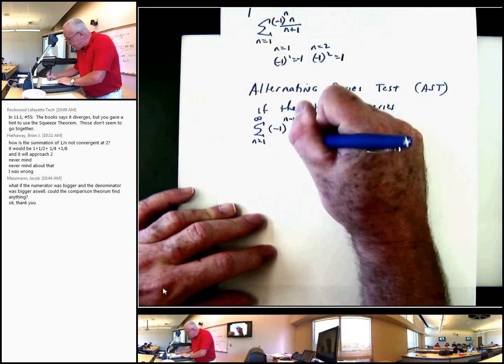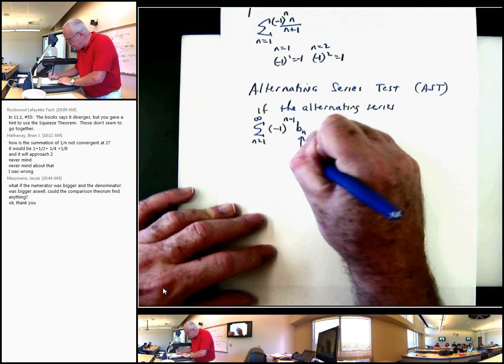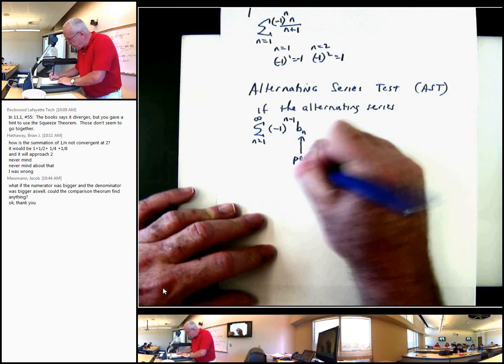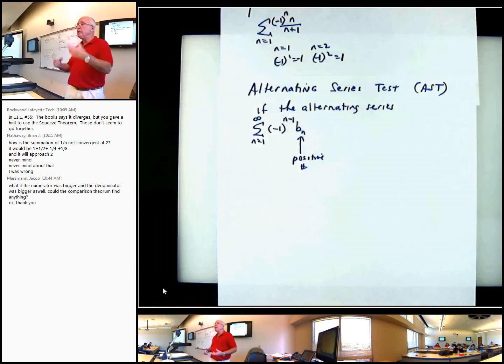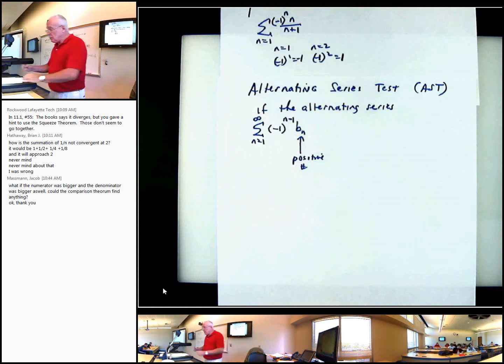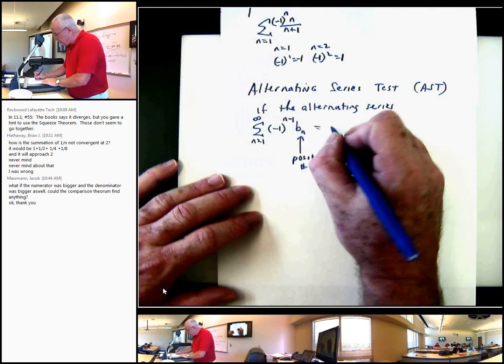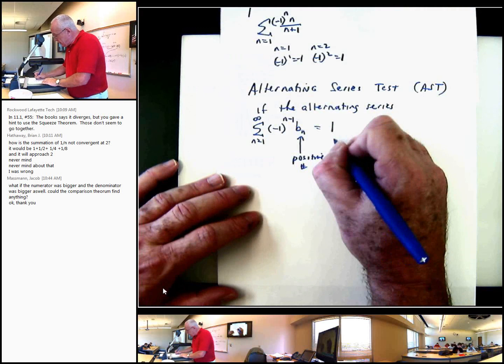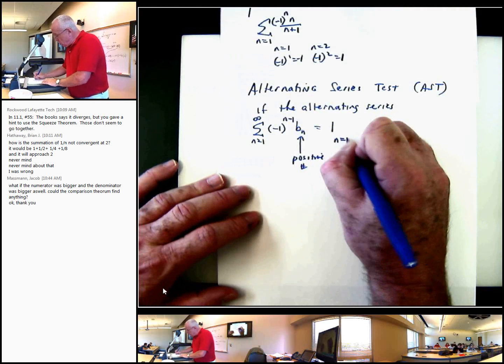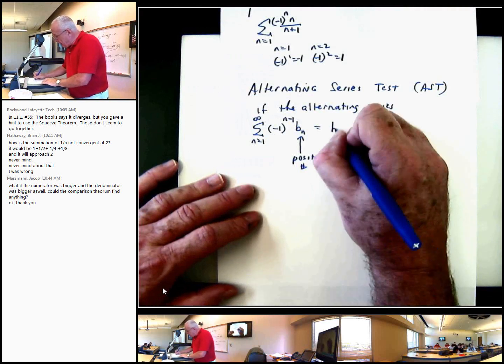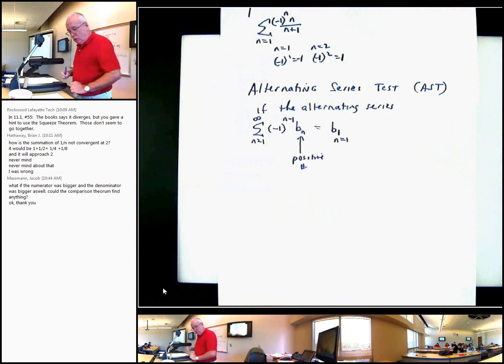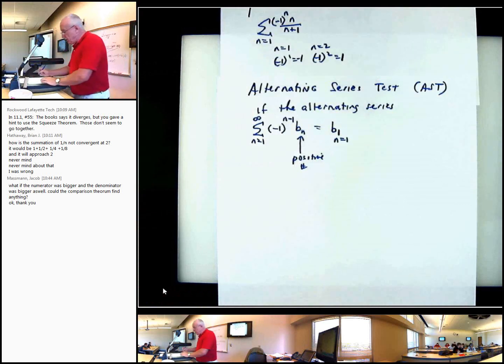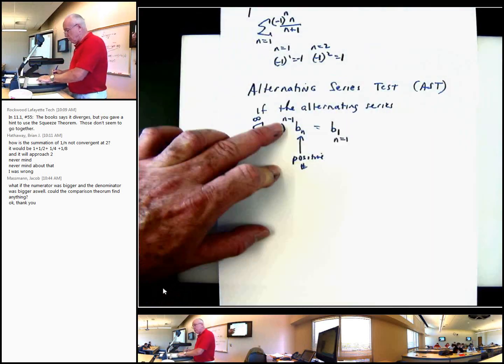So this b sub n is a positive number, and we're multiplying it either by a minus 1 or a plus 1, okay? So if I want to write out the first few terms, when n is equal to 1, we're going to have a positive b sub 1, because it's minus 1 to the 0 power.